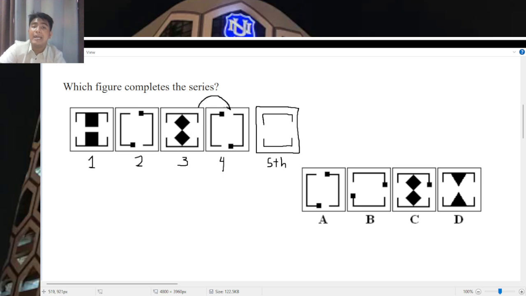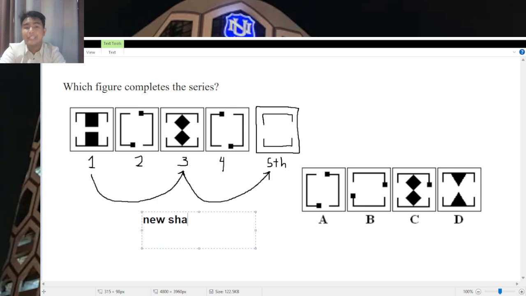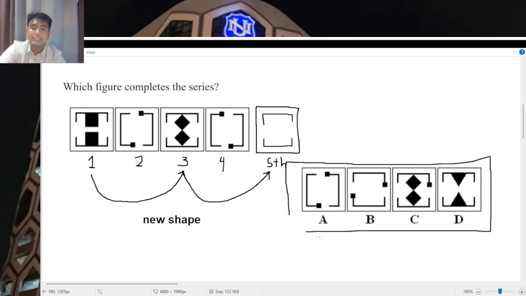And then it goes back to being small squares. So it means every odd numbered tile, we should have a new shape. So I'm going to put here a new shape appears instead of those small squares. So with that, let us now go to our choices.